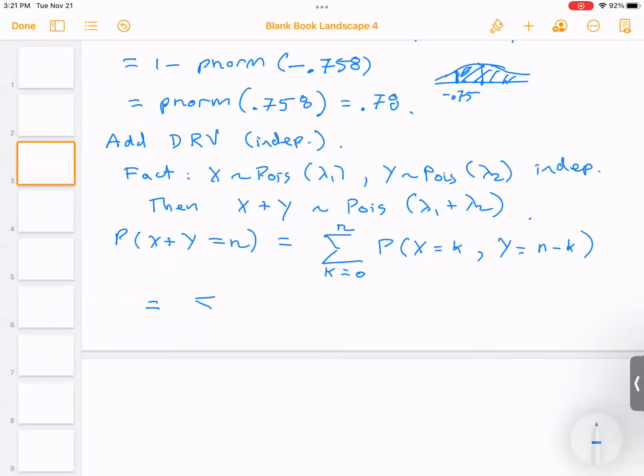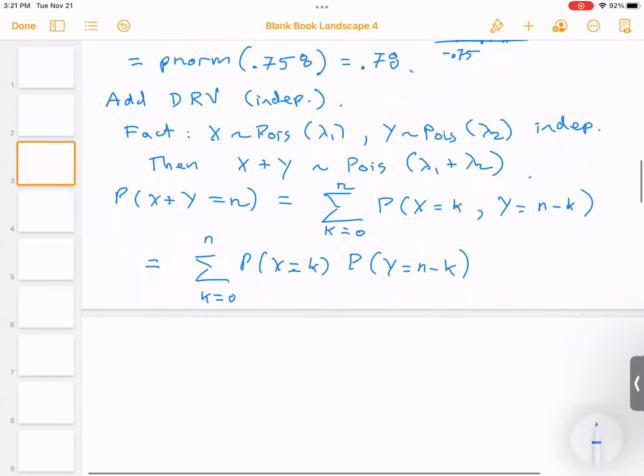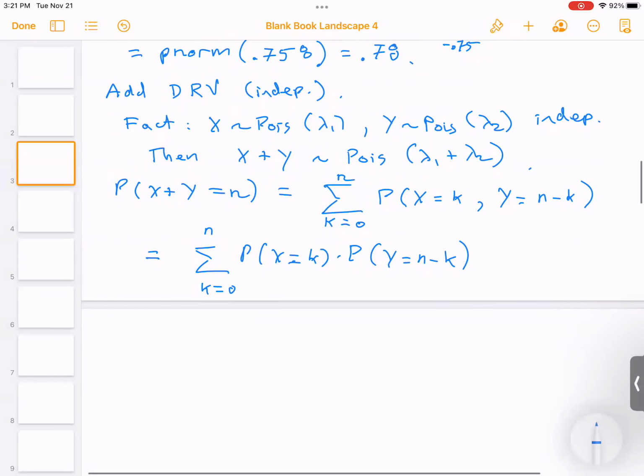The next thing is to write this, K equals 0 to N, and we can break them up like this. Why can we break these up as a product? Independent, they're independent. So this is what you get. You get this nice feature. And this we know because they're Poissons.